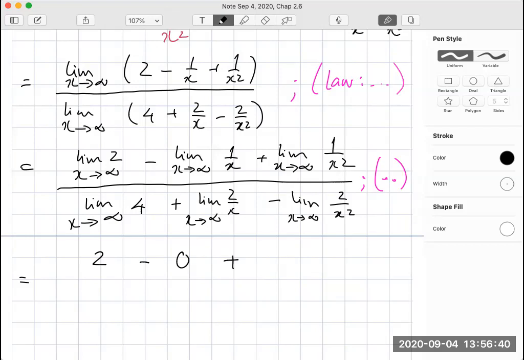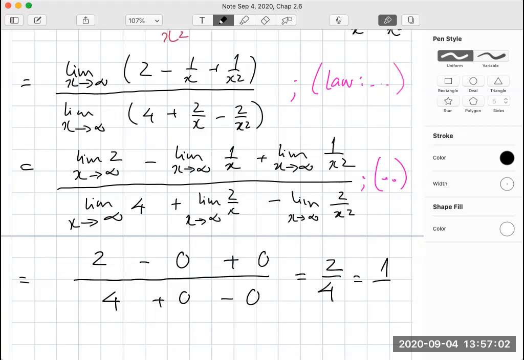And the same similar story, 0, right? Divided by 4 plus 0 and minus 0. Okay, it is 2 over 4. But in mathematics, we should simplify a fraction, reduce it, right? And it is 1/2.